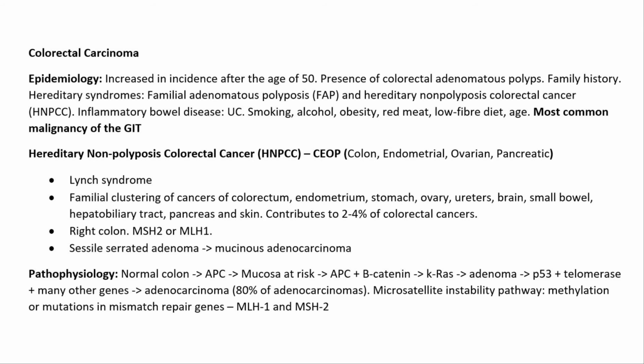And the way I remember that is this acronym CEOP. Colon, endometrial, ovarian, and prostate is actually what the P is for. Pancreatic cancer is higher in Lynch syndrome, but I actually meant to write prostate here so that there's an equivalent for men. This comes up a lot in women's health.